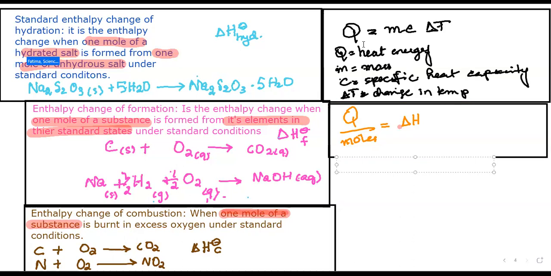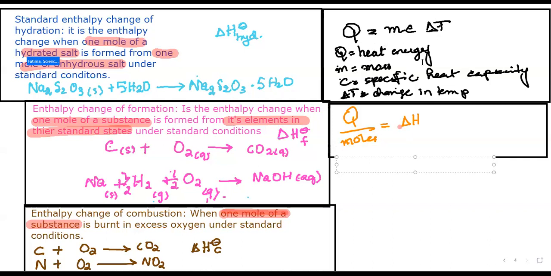I will need to either use this formula, Q = mcΔT, or do an experiment, like you did in IGCSE physics. You take your solution, put it in a styrofoam cup, note down the increase in temperature, and do the calculations. That's the experimental route. Or you need to somehow calculate the enthalpy of the product and the enthalpy of the reactant and subtract the two.